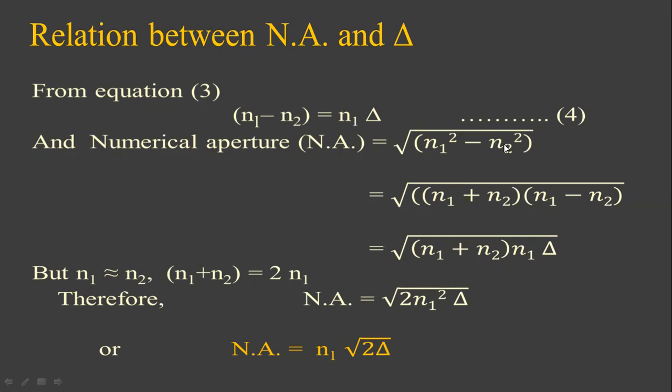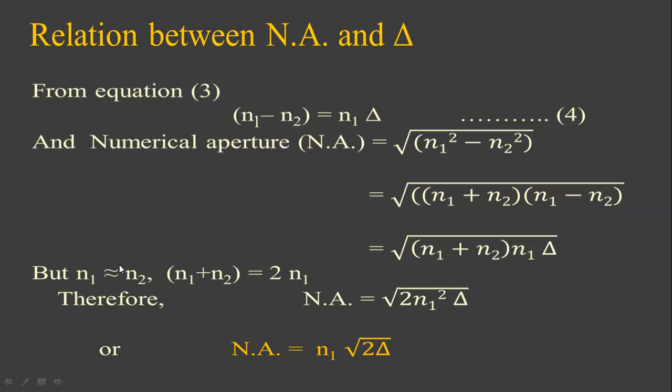This N1 square minus N2 square can be written as N1 plus N2 into N1 minus N2. You write N1 plus N2 as it is, and N1 minus N2 from equation 4 can be written as N1 into delta.